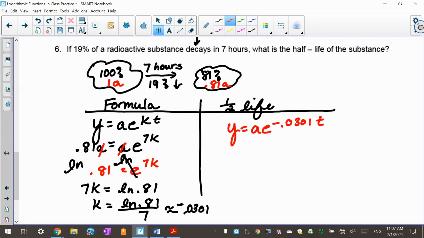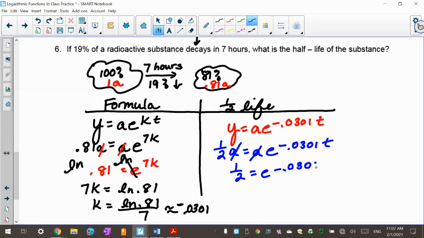Now, and only now, do I start doing the half-life. I want to know how long it takes for half of it to go away. Once I know the rate, I can figure that out. So I have a half equals e to the negative 0.0301t. And I'm going to natural log both sides.